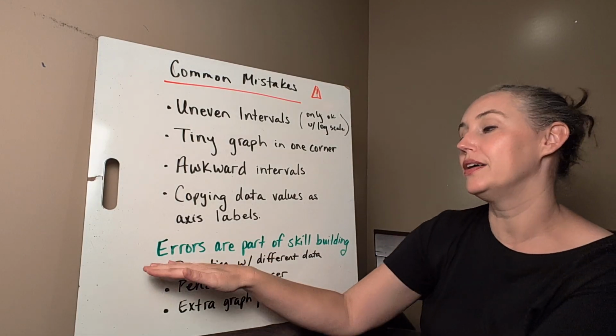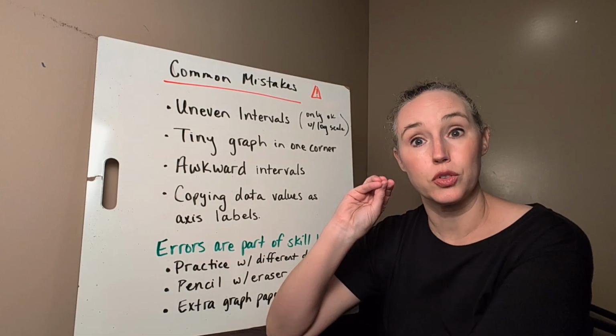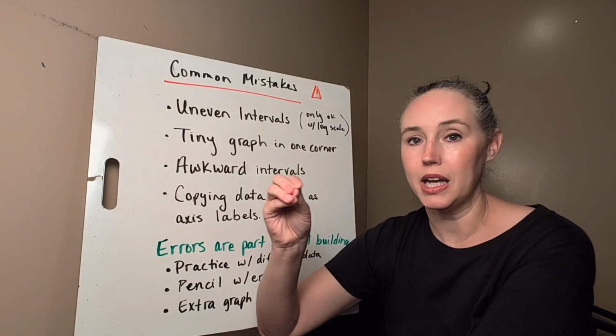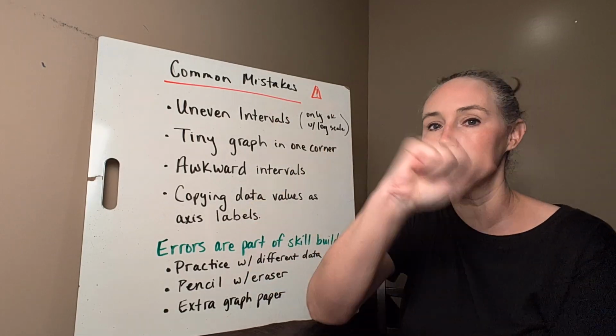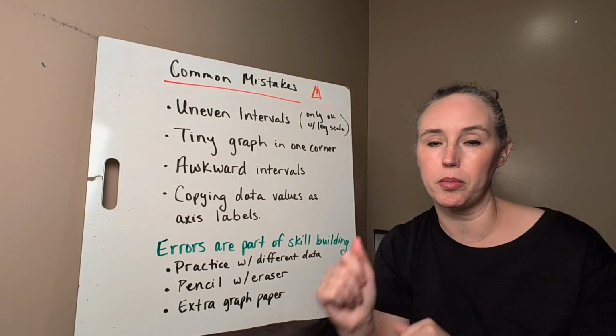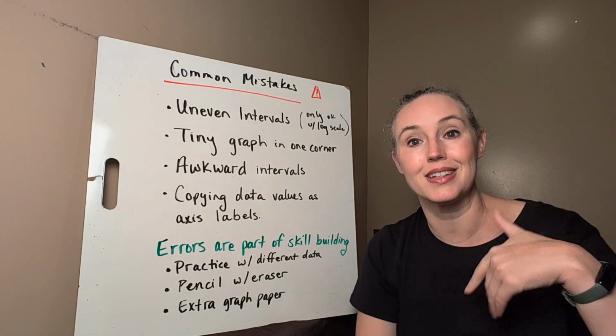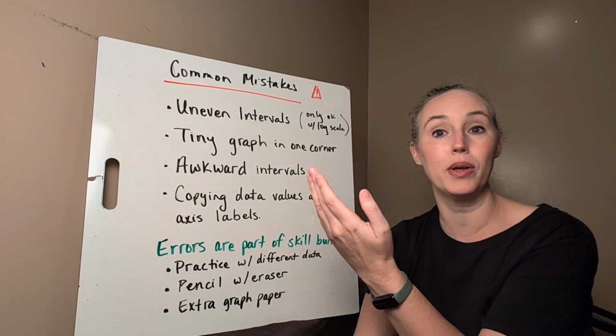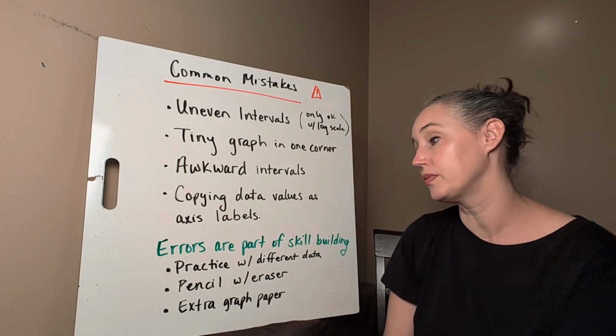All right, now it's very important for us to remember that making errors, doing this wrong, having to erase, having to get a new piece of paper, that's part of the process. It's part of the learning process. It's how we go from can do to fluent.